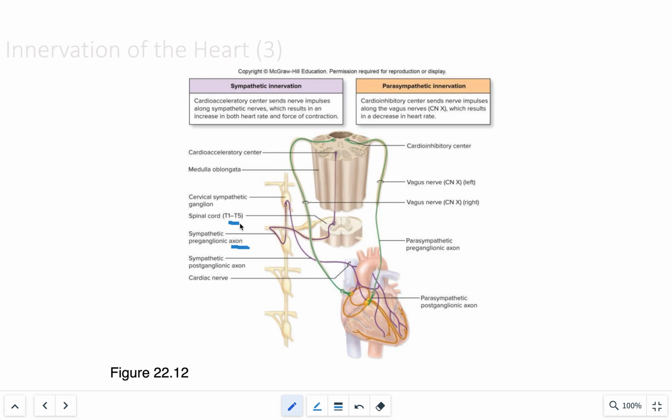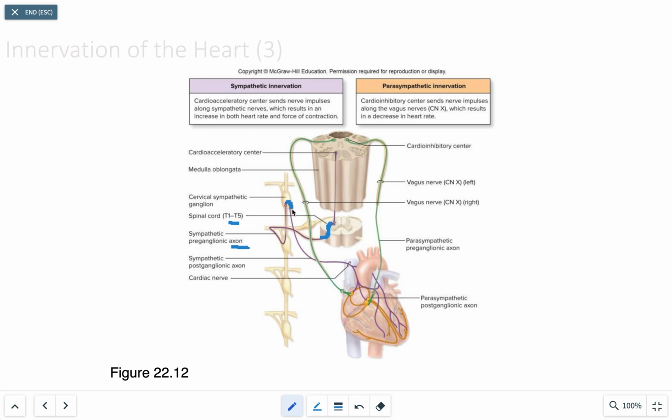These enter into the preganglionic sympathetic trunk. We can see here how it goes through the sympathetic trunk, and it's going to ascend into the cervical or thoracic sympathetic ganglion. So this would be considered our preganglionic axon.